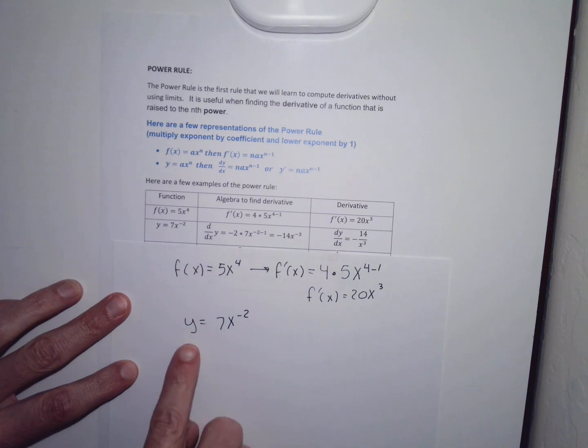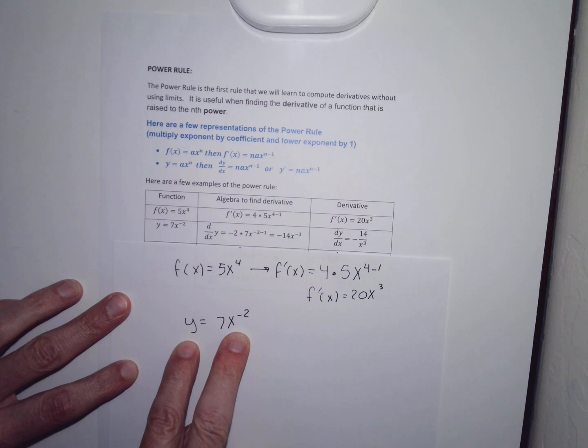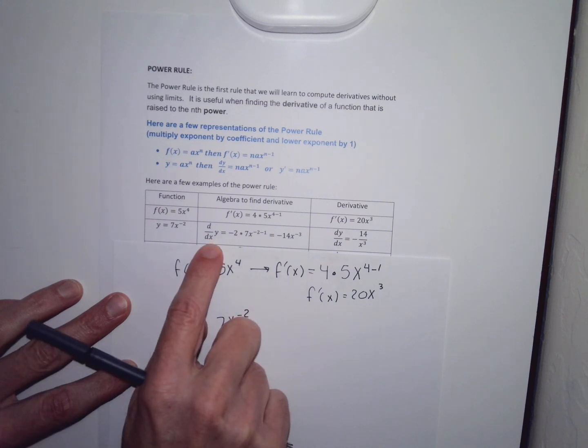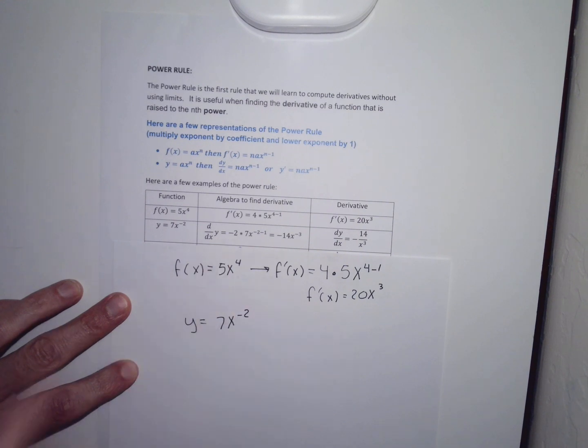So now I'm going to find the derivative of 7x to the negative 2. Symbolically, I'd say find the derivative of this function, but I'm just going to write the derivative down using the power rule. There are two ways to represent my derivative: I can write y prime, or dy/dx, because the variable to the right of the equal sign is x.